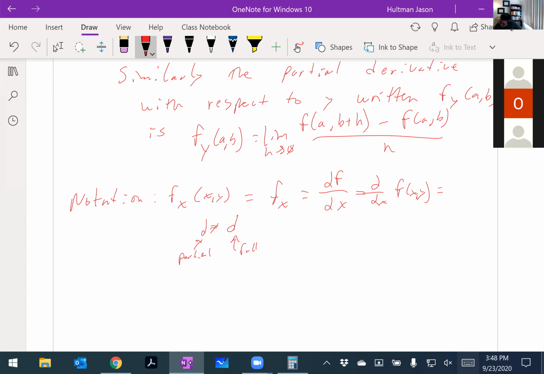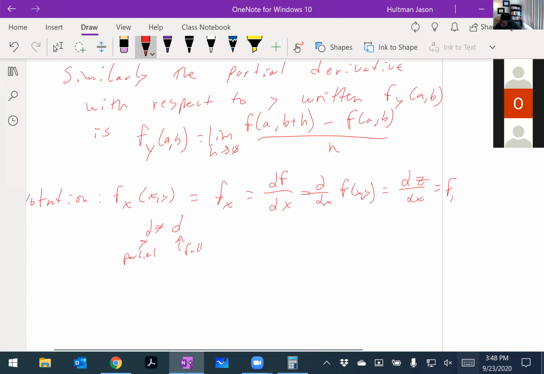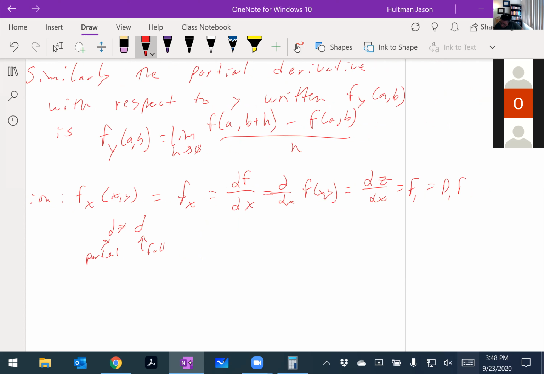You could also see it as dz dx. You could also see it as f sub 1 or d1f or dxf. Those all mean the same thing. It's just a lot of different notation meaning the exact same thing. That's your partial on x.